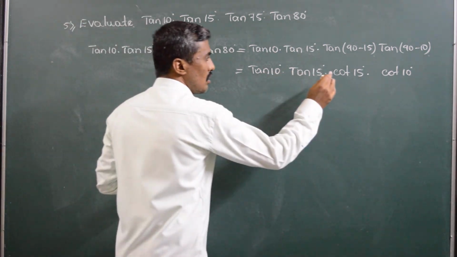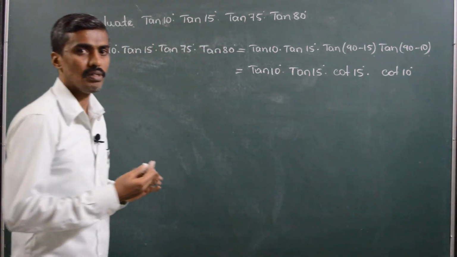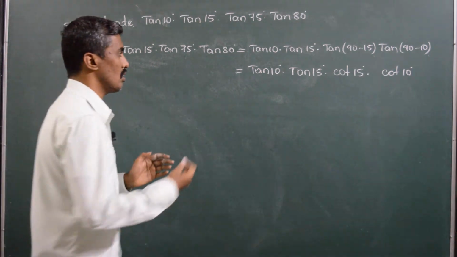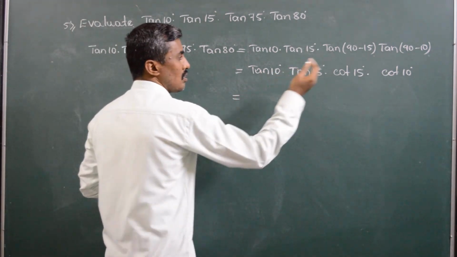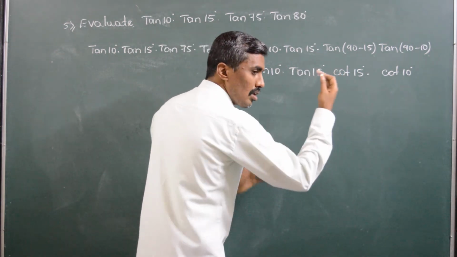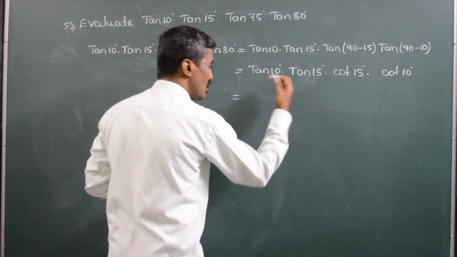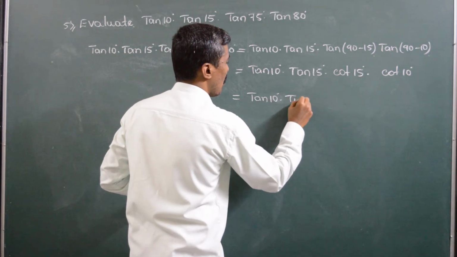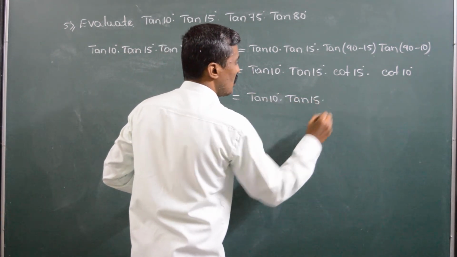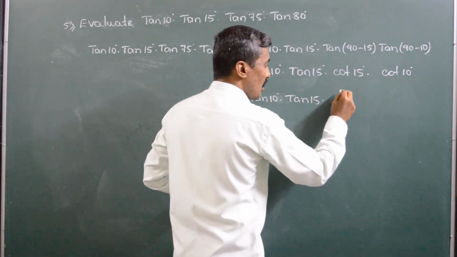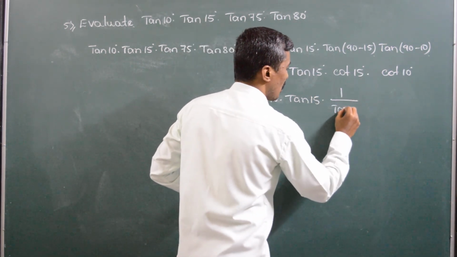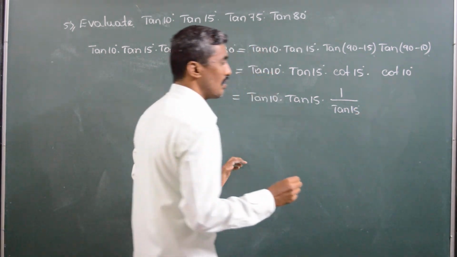But tan and cot have a relation. What is the relation? They are mutually reciprocal to each other. Therefore, express either tan or cot in reciprocal form. I will keep these two terms as it is. Tan 10 degree into tan 15 degree into cot 15 can be written as 1 by tan 15 degree. What is 1 by tan? It is cot.